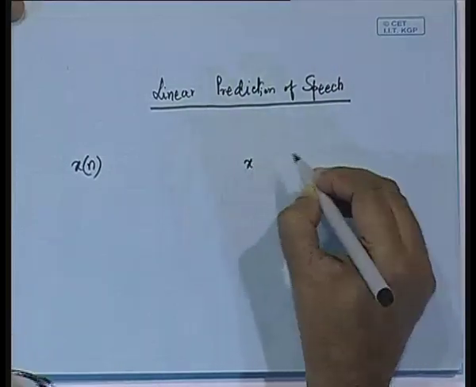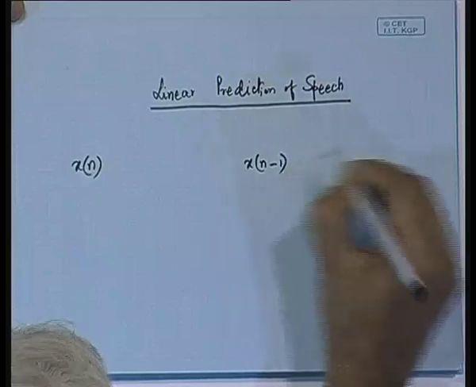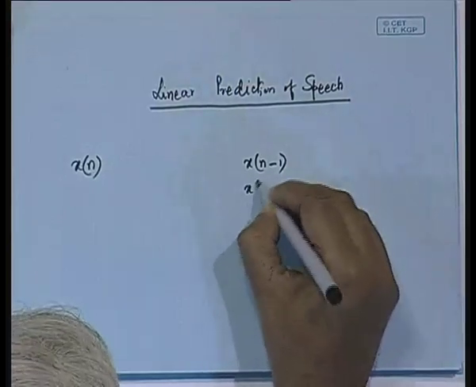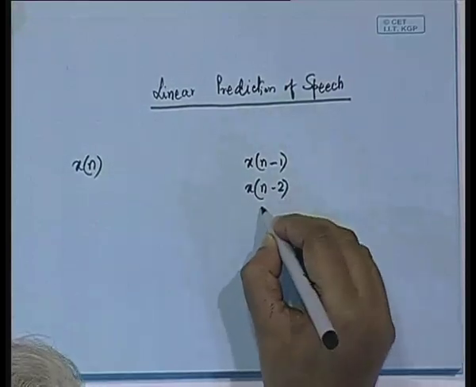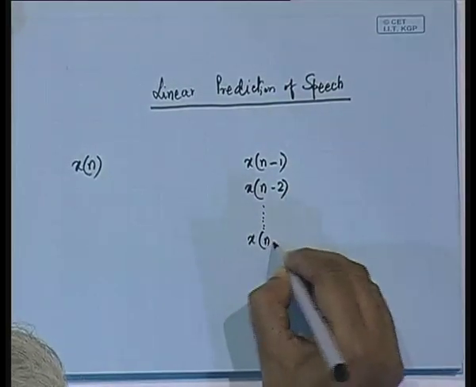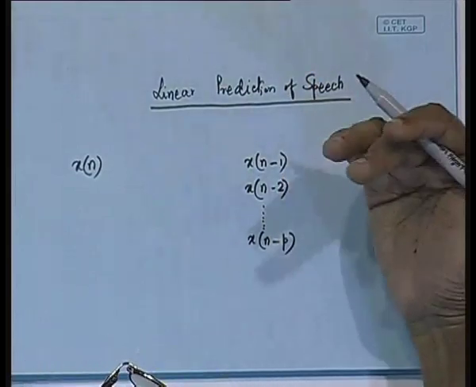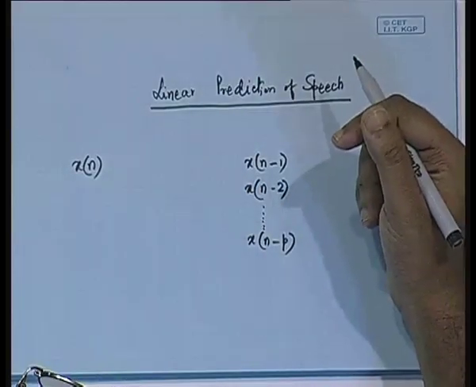We were predicting from the past samples, that is x n minus 1, which is the immediate past, and also from the older samples like x n minus 2, etc., up to x n minus p, where p is the number of past samples we are considering there.